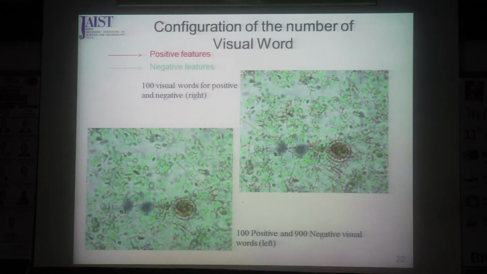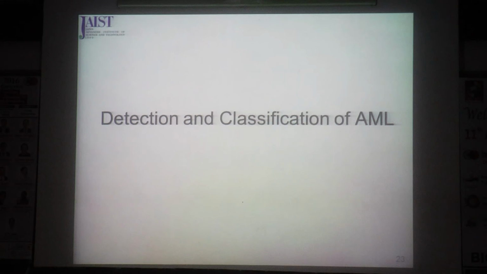This shows that visual matching of the parts of the worm succeeded in detecting it. By doing this, it is possible to detect the worm from the image and identify what species of worm is found in the microscopic image.